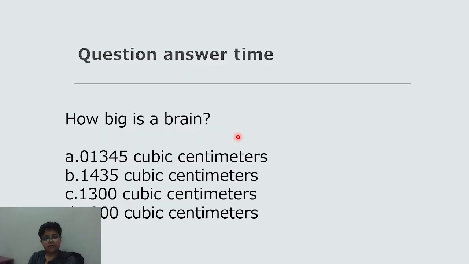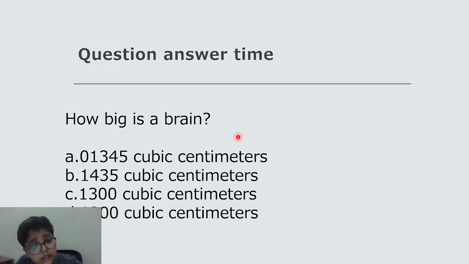Question answer time. And this is how big is the brain. You can take it as homework if you want, but I can tell the answer because it is pretty difficult to understand, because the units are different. So how big is your brain? I give you a few seconds. So your time starts now. Your time's up.